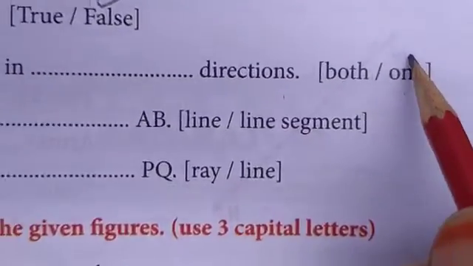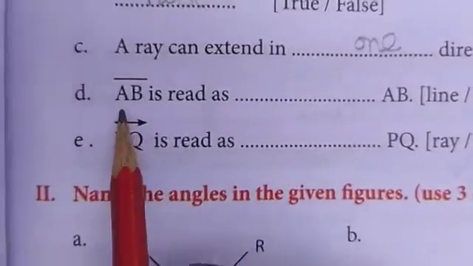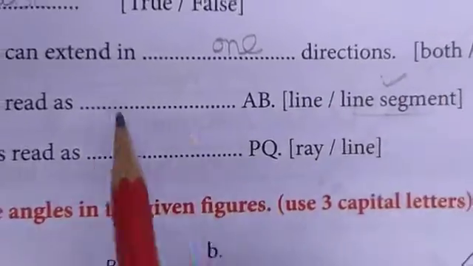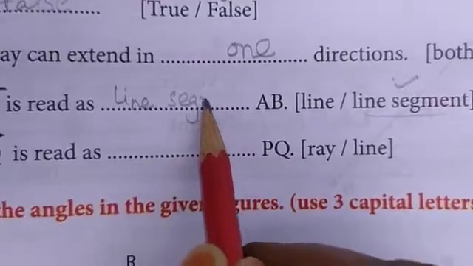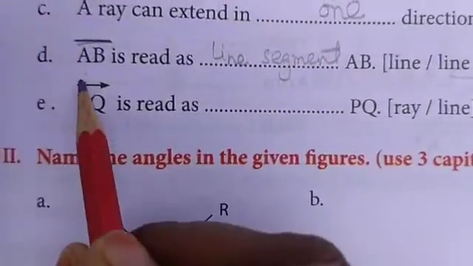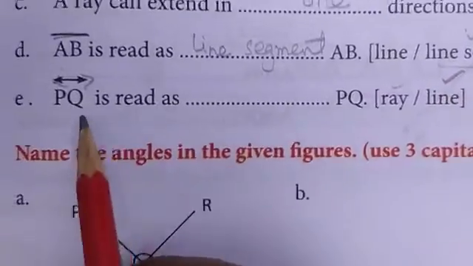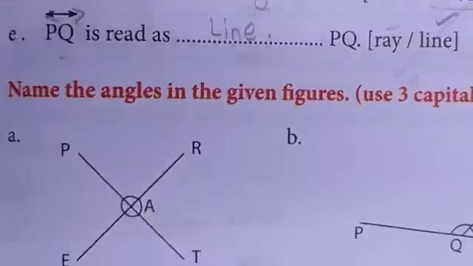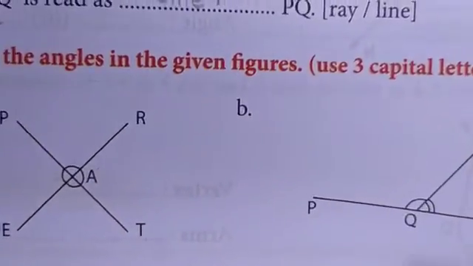Answer is 1. What is this symbol read as? Line segment AB. And is this a ray or a line? Line. Line PQ.